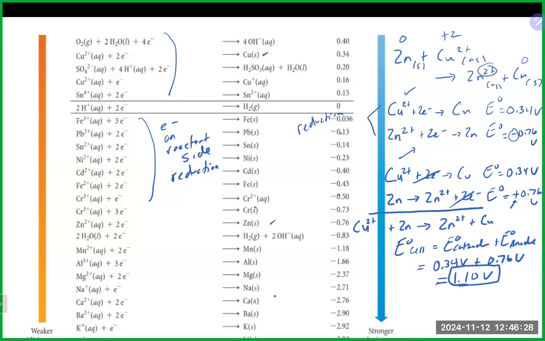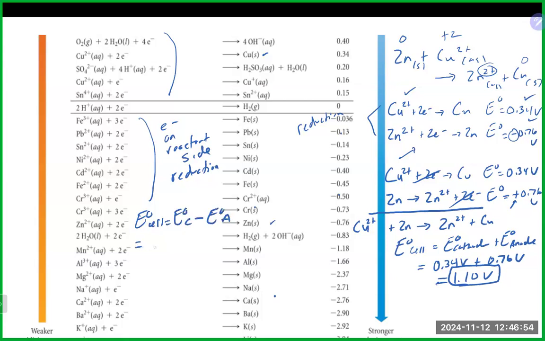Now, if you don't want to bother with flipping the sign, and you come across a question which is just simply asking you, what is the cell voltage, you don't have to actually write the equations or anything like that. You just want to know what the cell voltage is. You can just take the values that you would find in the table, and you can use the subtracting version of that, which is, again, E of the cell is E of the cathode minus E of the anode.